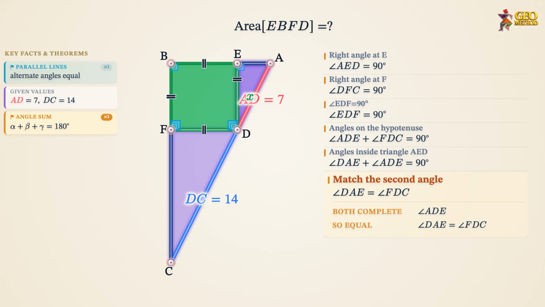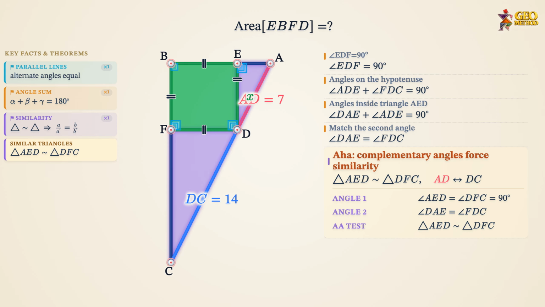Two angles that fill the same gap must be equal, so angle DAE equals angle FDC. Aha! Both corner triangles are right, and the two remaining acute angles match because each completes the same 90-degree angle at D. Those complementary angles force triangles AED and DFC to be similar, pairing hypotenuse segment AD with segment DC.